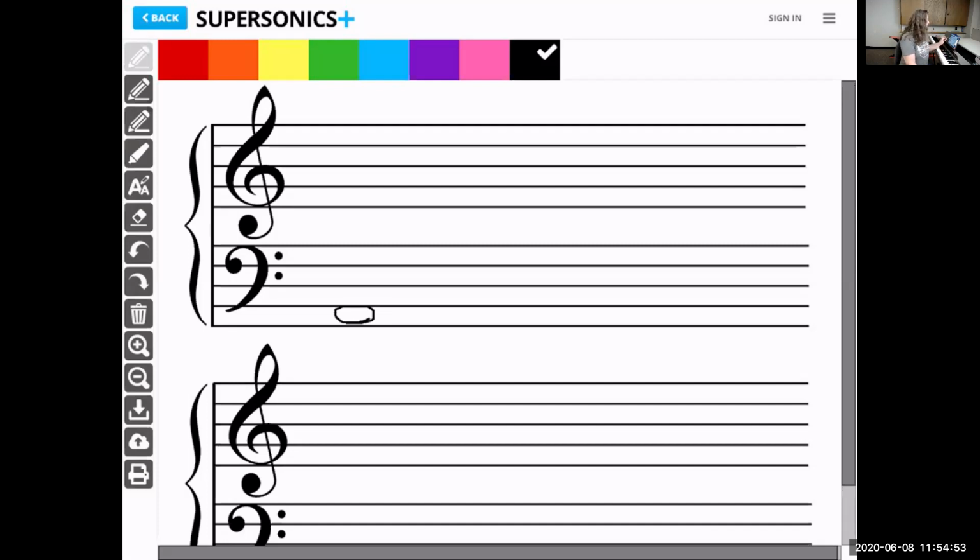For the second problem, draw your B flat. For the next one, draw your C sharp. For the next one, draw your B. And the last one, you could draw a D flat. At that point, if you can just simply draw those notes on the staff correctly with the correct flats and sharps, you at least have some points.